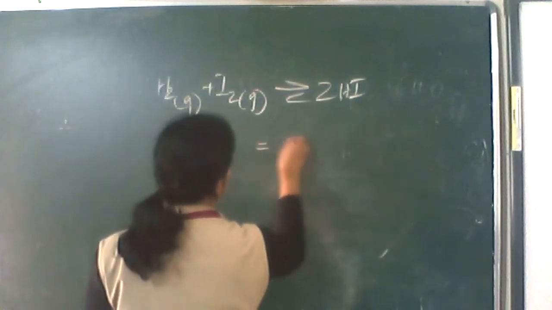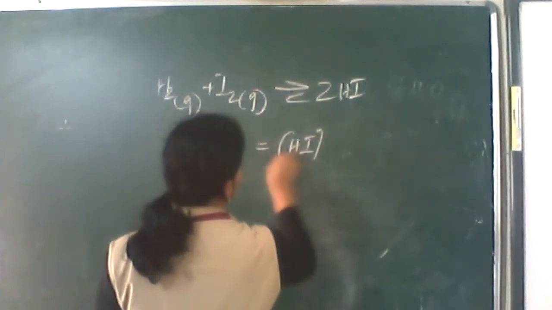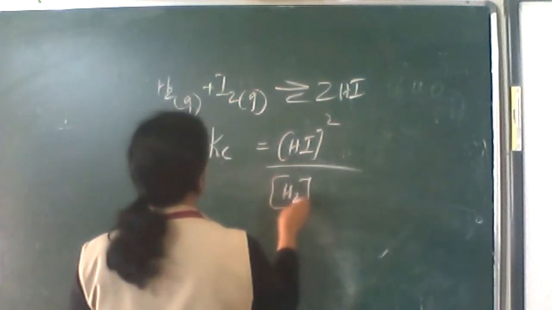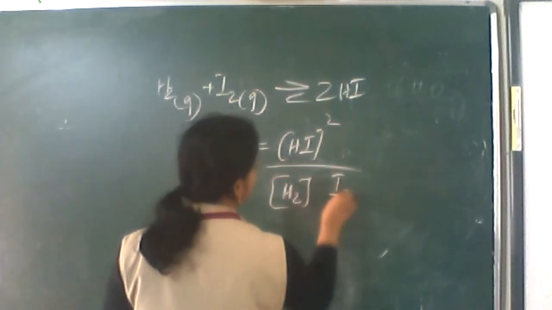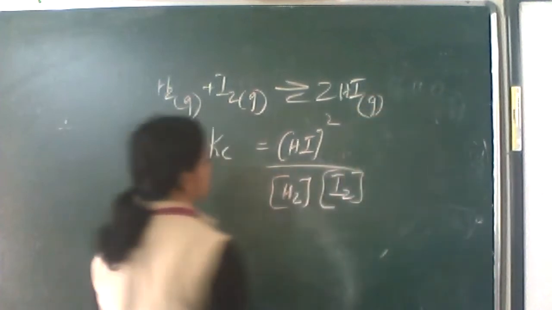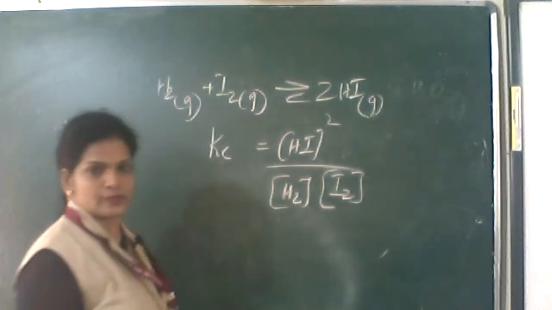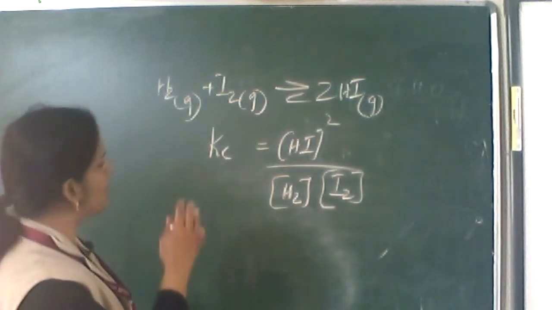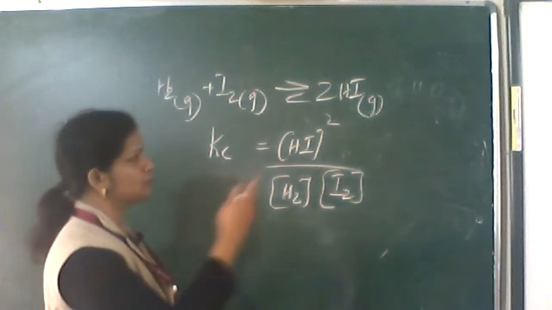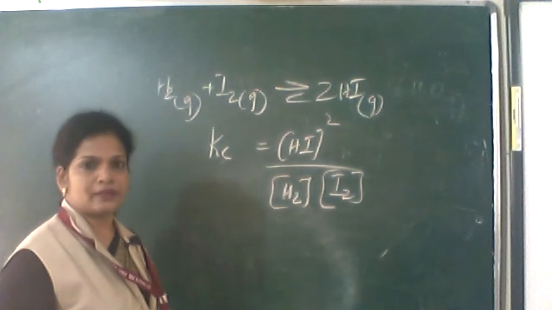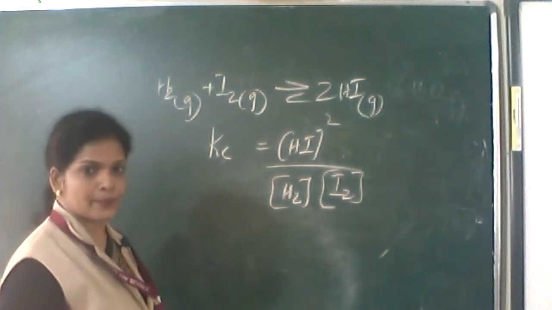Kc is equal to HI square upon H2 raised to 1 and I2 raised to 1. All are in the gaseous state, so I am putting all in this equilibrium expression. This is combining H2 and I2 to form HI. We started with H2 and I2 and we are getting twice HI.